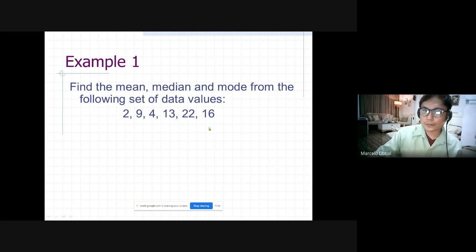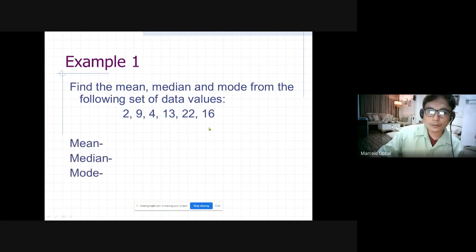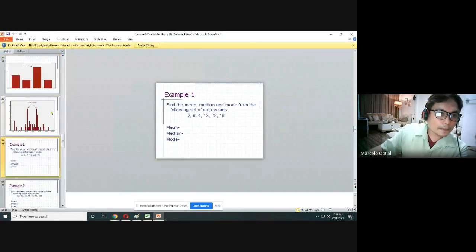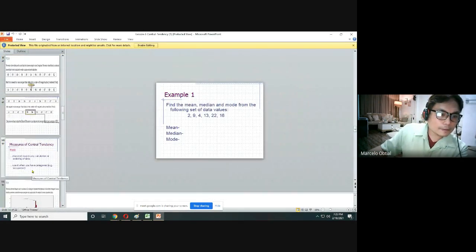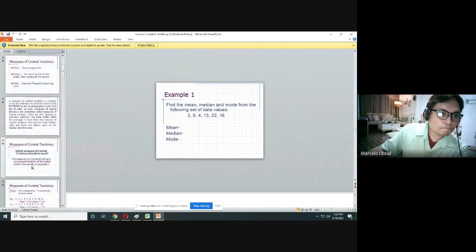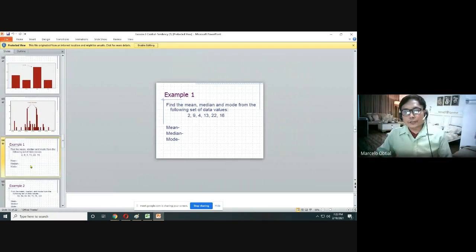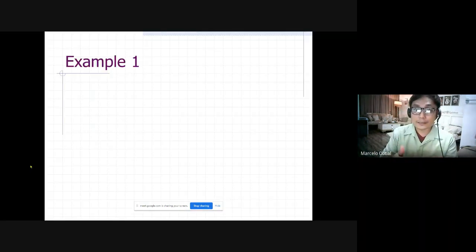Wala pa pala ito. No mode. So in short, class, yung mode is yung madalas nag-a-appear sa set of data na more than one. Kapag puro isa-isa lang yung data, wala tayong mode. Sabihin natin no mode.